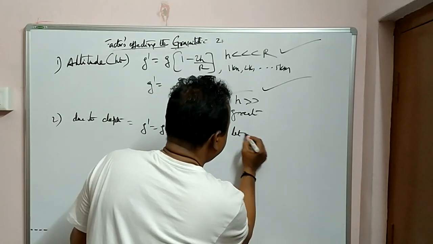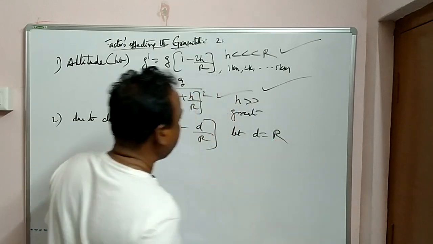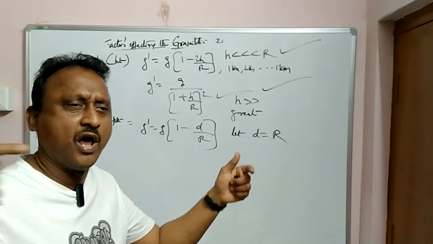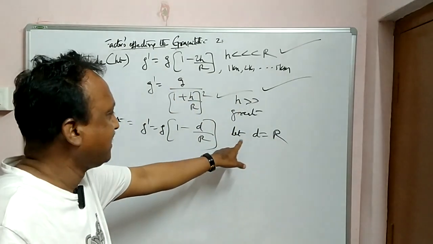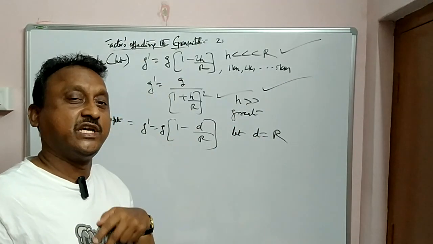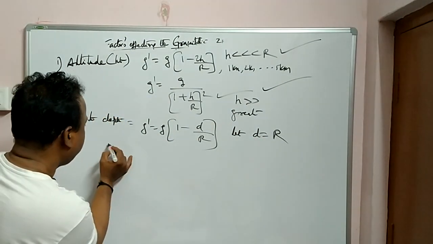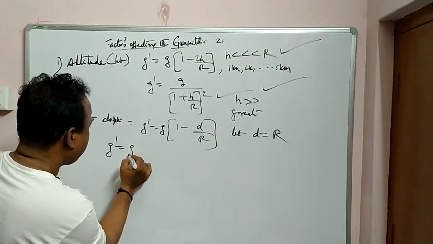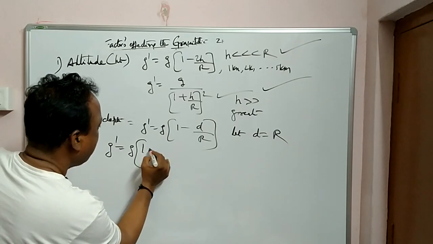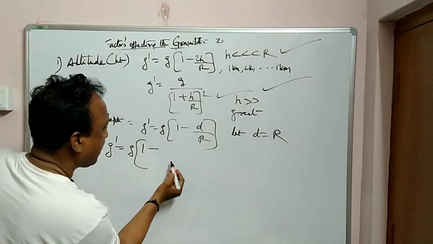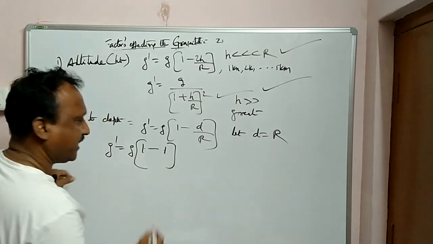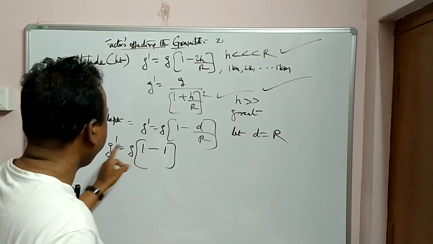Suppose d is equal to r, that is, you keep digging into the earth and have entered the point where d is almost equal to the radius of the earth. Then what happens here? G dash is equal to G into 1 minus d by r, with d equal to r. Then 1 minus 1 is 0, into g, 0.